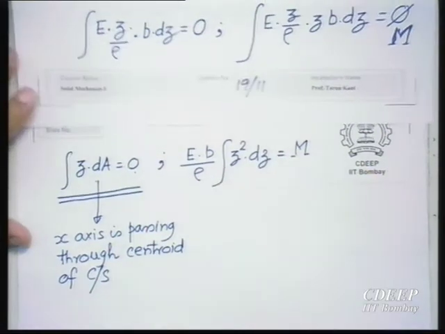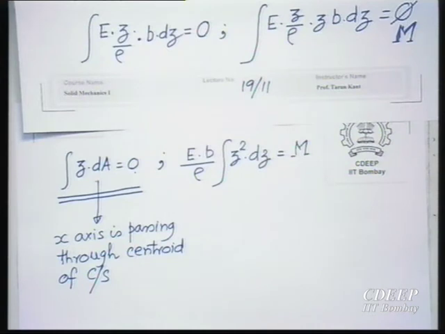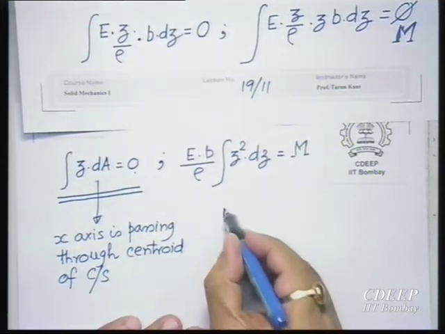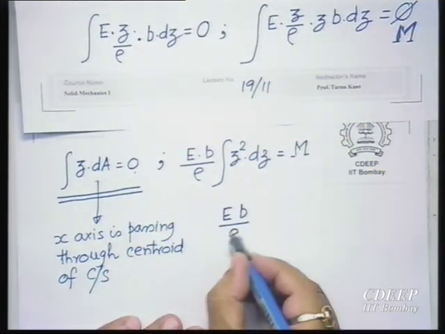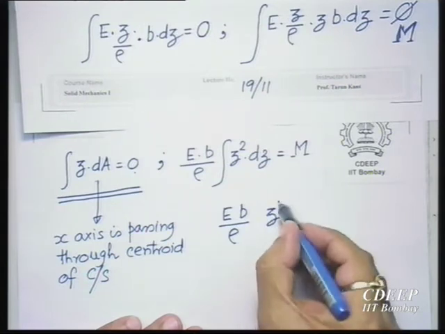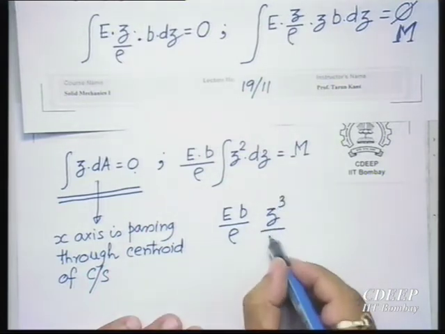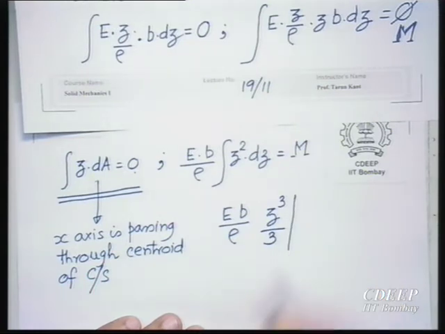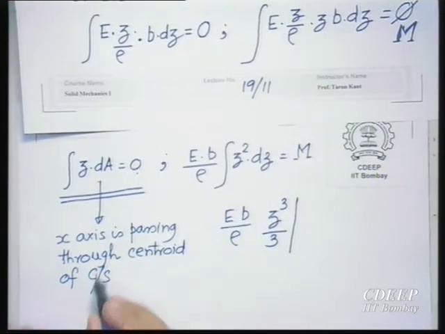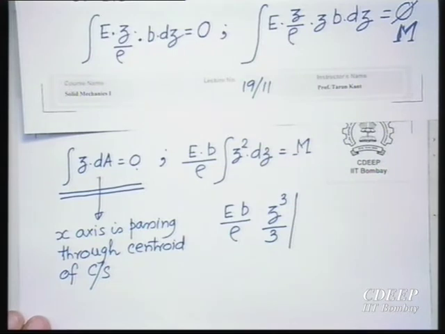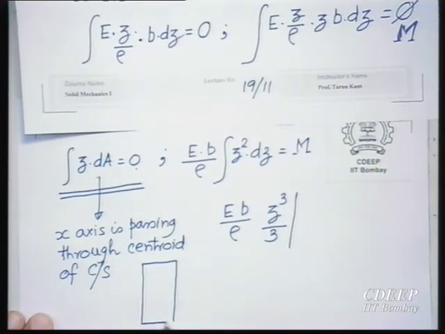Now, please do this integral. So this one is E b by rho, z cube by 3. Now I am very comfortable that this is the centroidal axis.